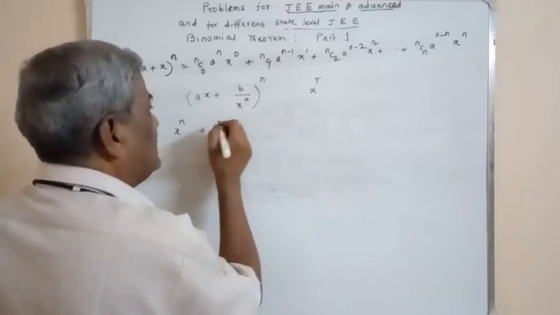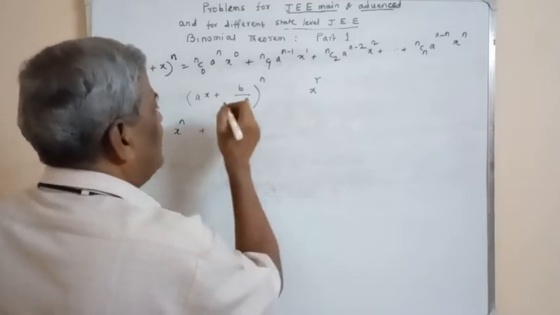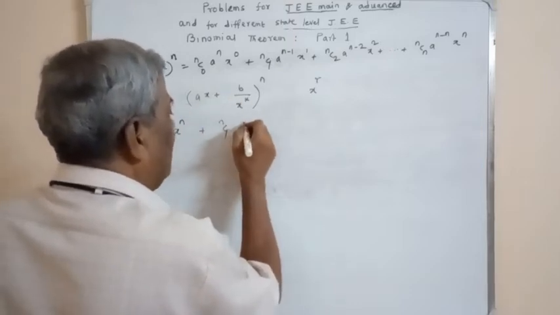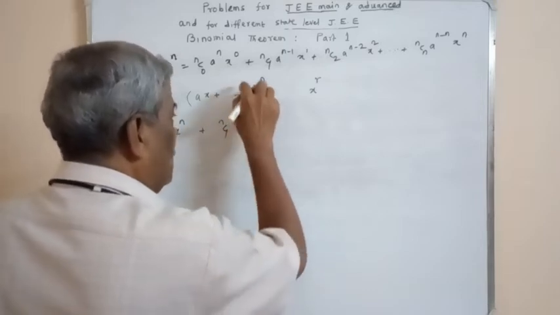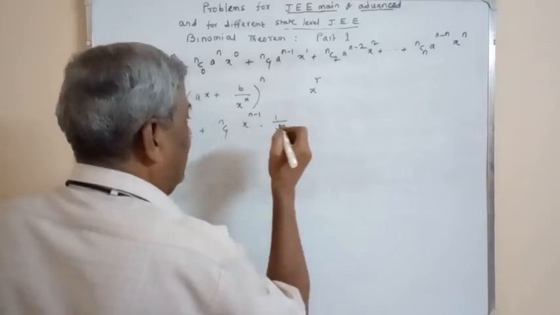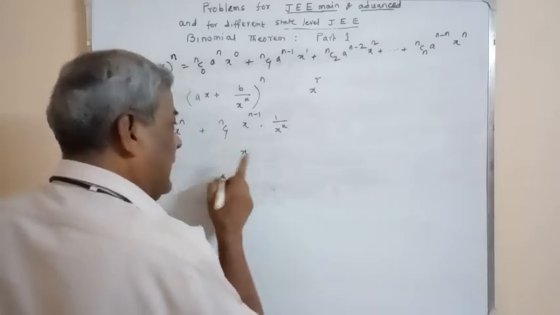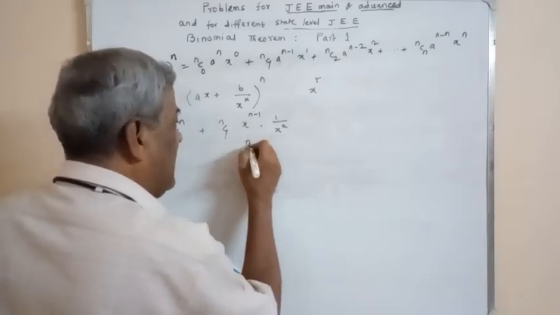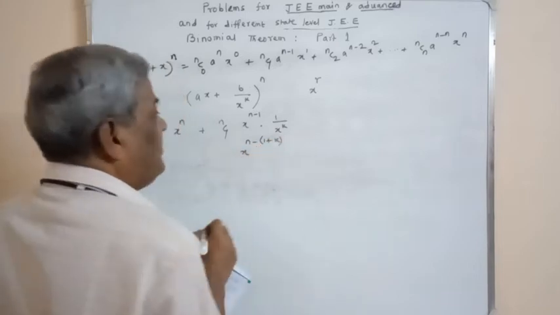The next term contains nC1 into x to the power n minus 1 into 1 by x to the power k, so this term contains x to the power n minus 1 plus k.